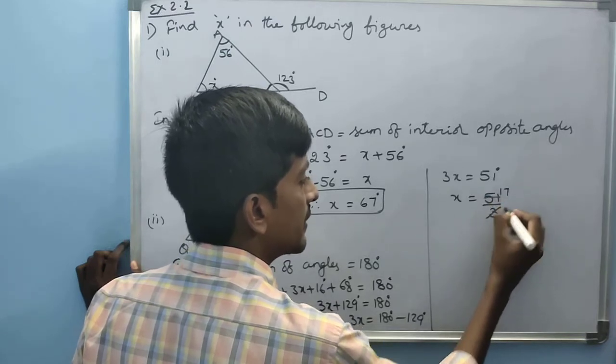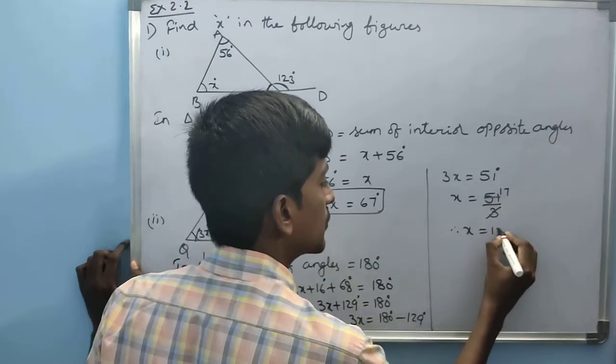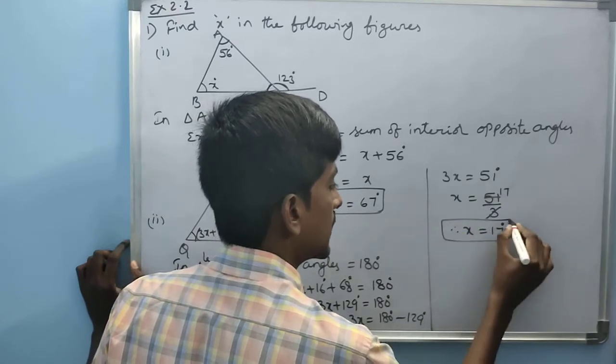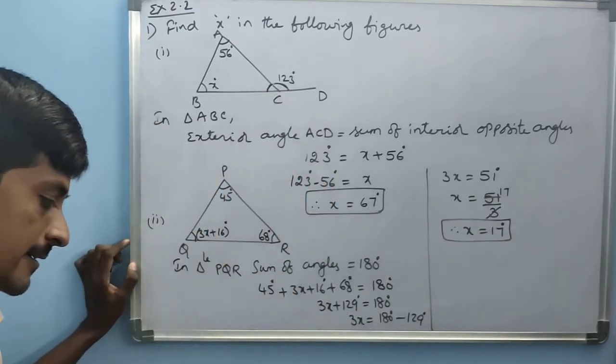How many times? 17 times. Therefore x equals 17 degrees. This is the second diagram.